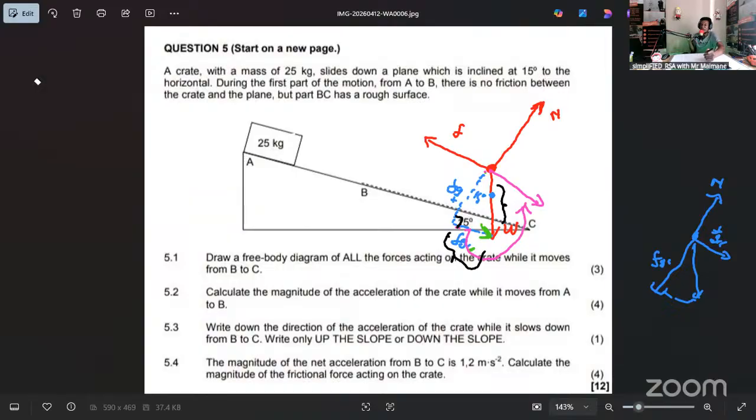The direction of the acceleration as the object slows down from B to C. Slowing down is a result of someone applying maybe brakes or because of the friction. But if it slows down, it means acceleration is moving in the opposite direction. We call it decelerating, because when you press the acceleration pedal, for those who drive, it accelerates, so the speed increases.